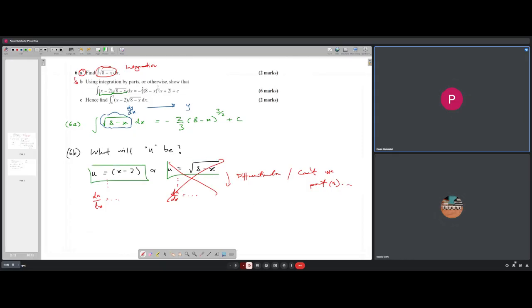If I want to integrate root 8 minus x so that I can use part A, then setting it to u would mean I have to differentiate it, which wouldn't let me use part A. Instead, if I let dv over dx equal root 8 minus x, I need to find v, and to do that I need to integrate this expression. And then I can use part A.